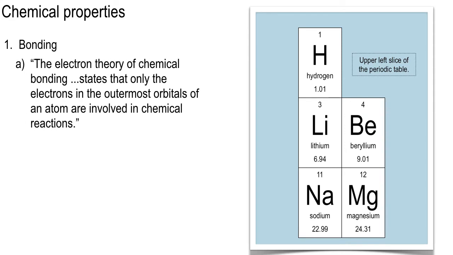Let's take a look at the upper left corner of the periodic table and think about bonding here. Now, the idea is that the outermost orbitals are the ones that are involved in the chemical reactions, those valence electrons. And that's because they're not as tightly bound. They're at higher altitudes. They're easier to ionize. If it was a spacecraft at a high altitude orbit, you could say, well, I don't really need much rocket fuel to get to the moon, you know, to leave Earth's gravity and get to the moon.